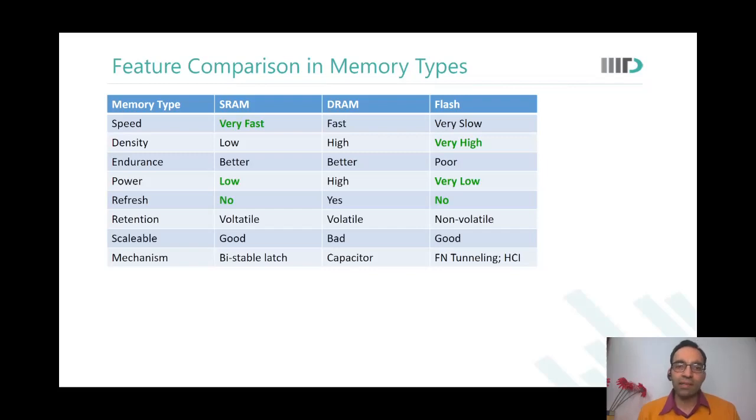Of this 100 million cycles per second, let us say only 10% were write cycles. So how many write cycles? 10 million. How many times did we say you could write into the flash? 1 lakh. So in less than a second, the chip will be done.